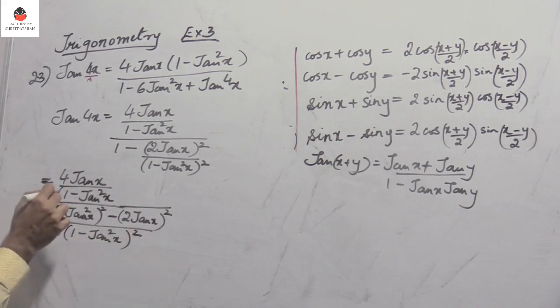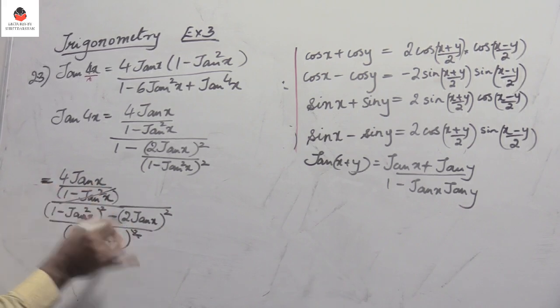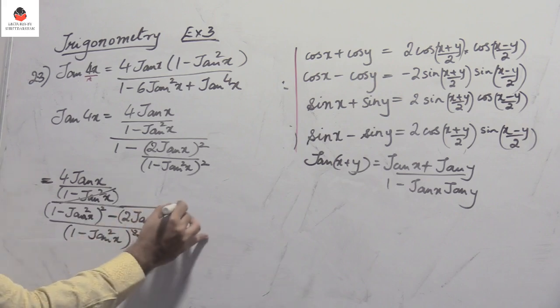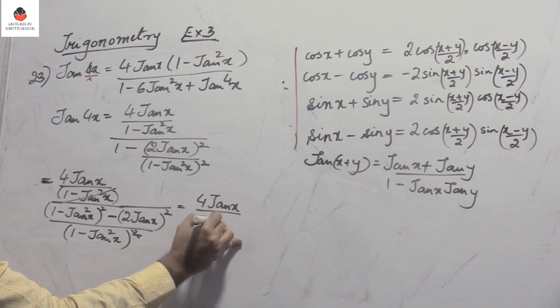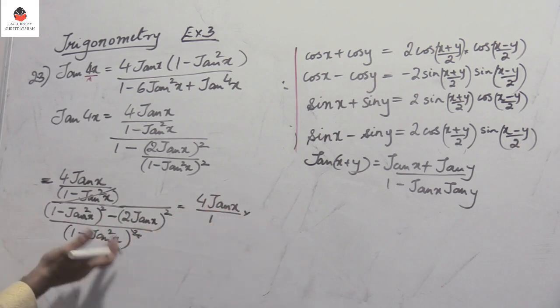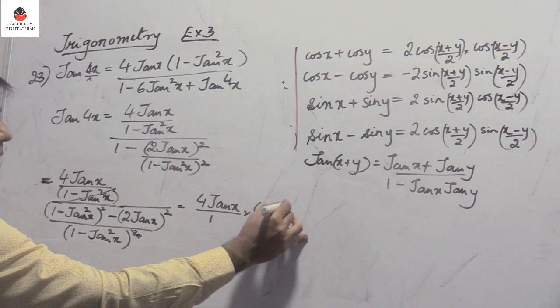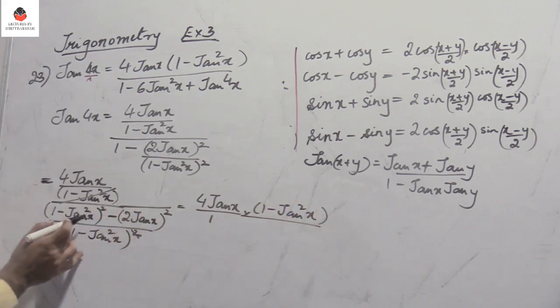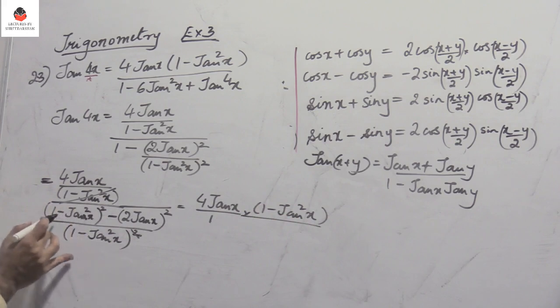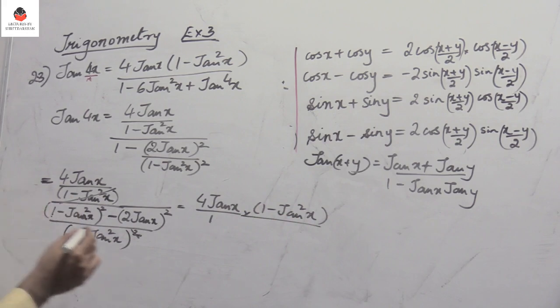So both of them are in the denominator, so one of them gets cancelled, right? So you have 4 tan x by 1 into, this goes on top, (1 minus tan squared x) divided by, so I have to take the square of this. This is of the form (a minus b) the whole square.